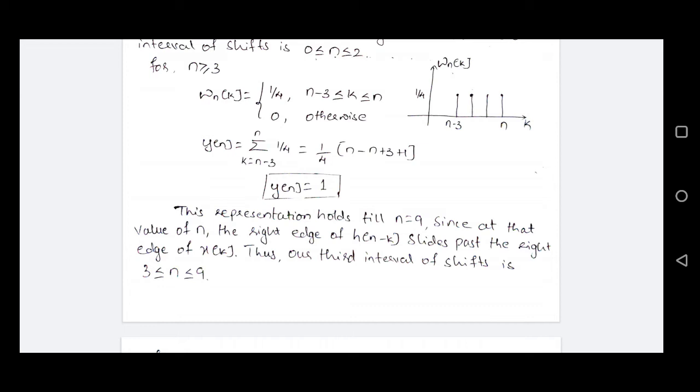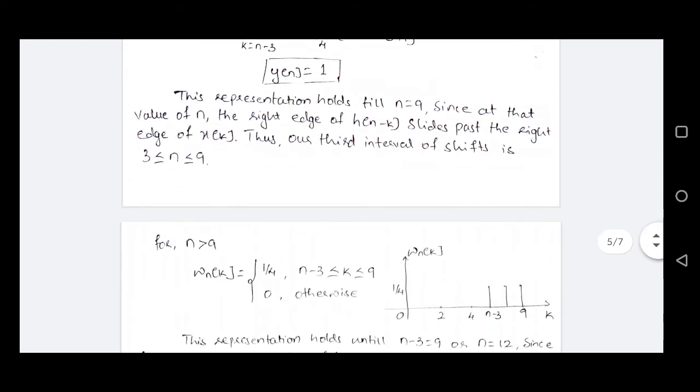Thus the third interval, that is y of n, will be equal to 1 for n between 3 and 9 only. For n greater than 9, as I said, one of the samples in the impulse response will be outside the overlap of the input.